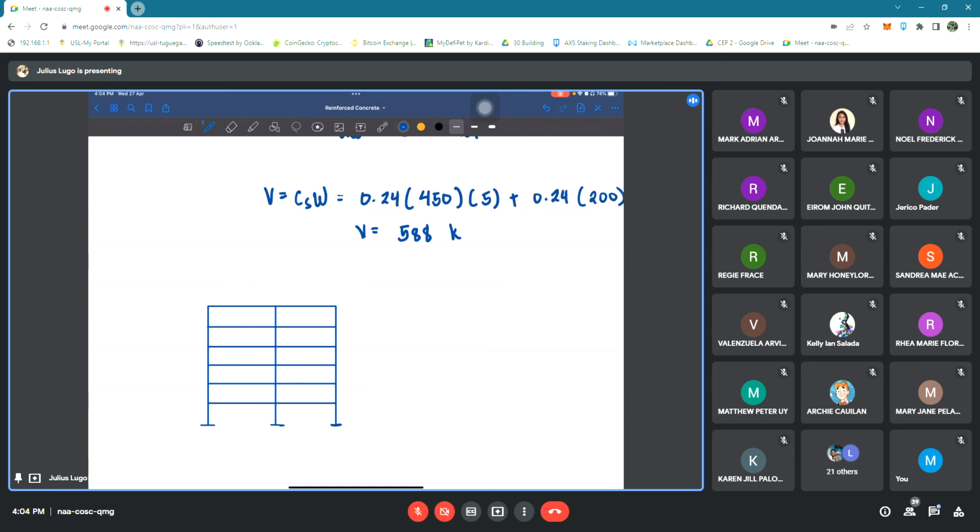So we have the force of the roof in here. This is your FR, or this is your F6. Then this is your F5, and so on and so forth.